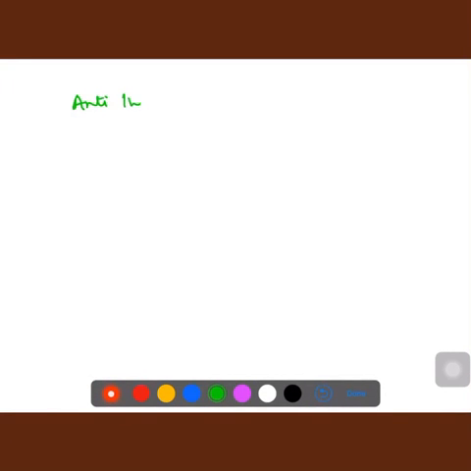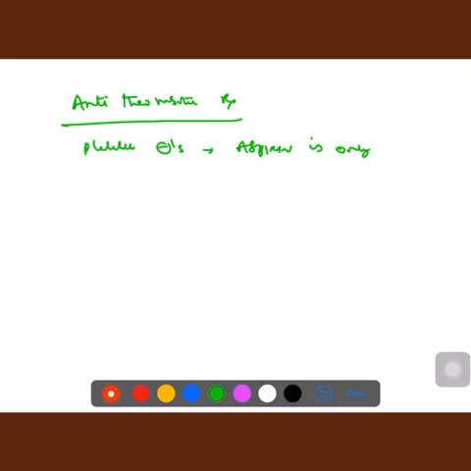Then coming to antithrombotic treatment. First, platelet inhibitors. There are many platelet inhibitors that can be used in secondary prevention after the acute event, but for the acute event, aspirin is the only agent proven to be effective in acute treatment of acute ischemic stroke.